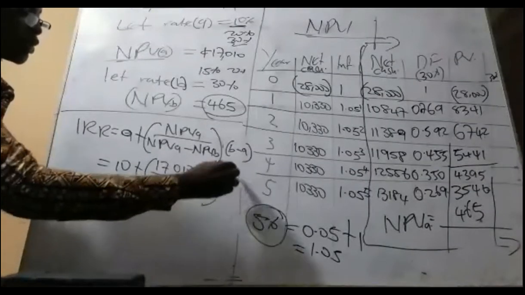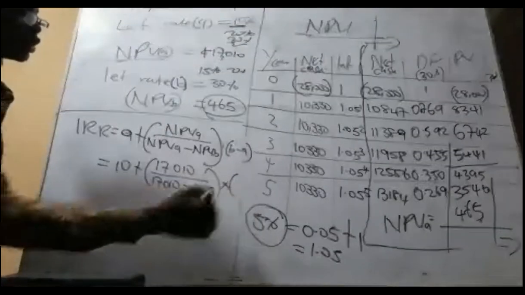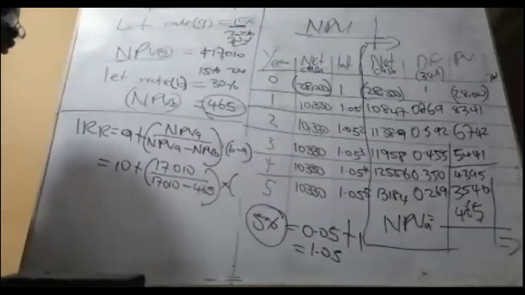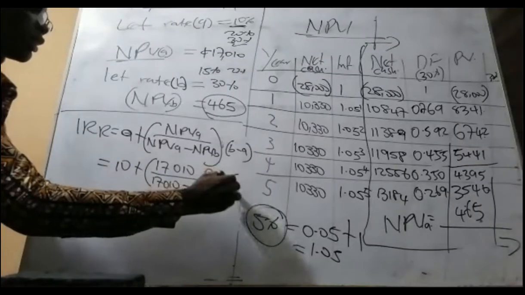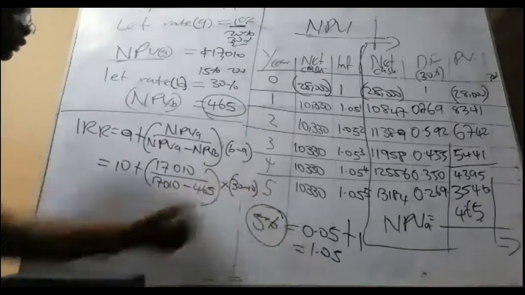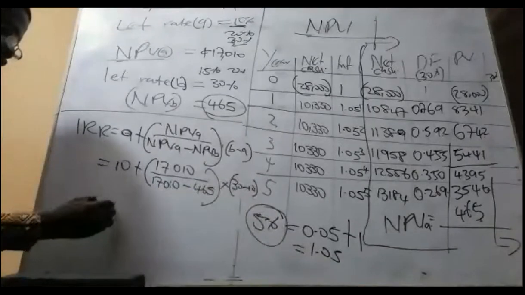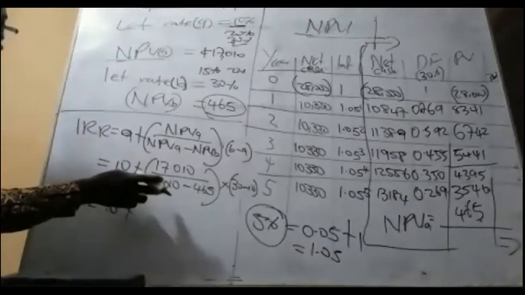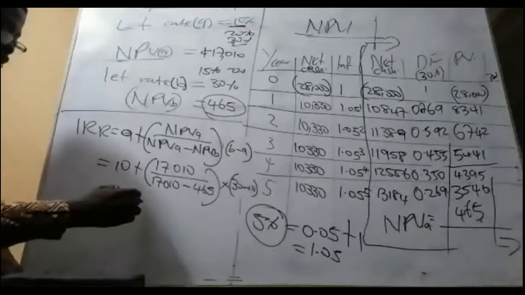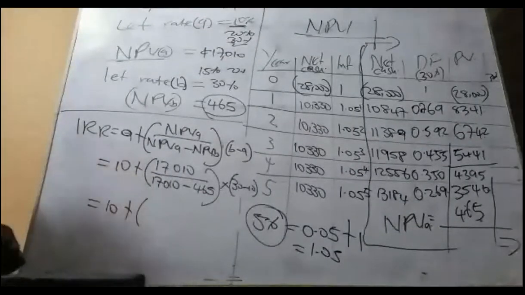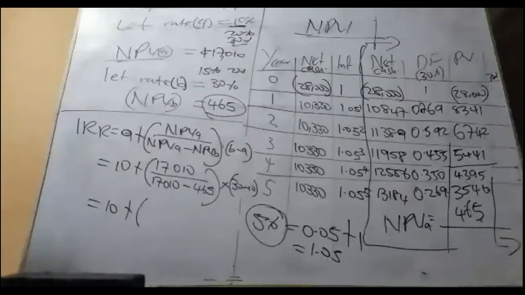Then times into brackets rate B minus rate A. So 30 minus 10. Good. So that will give us 10 plus sum all what's in the brackets. All what's in the bracket will give us something like 17,010 divided by 17,010 less.